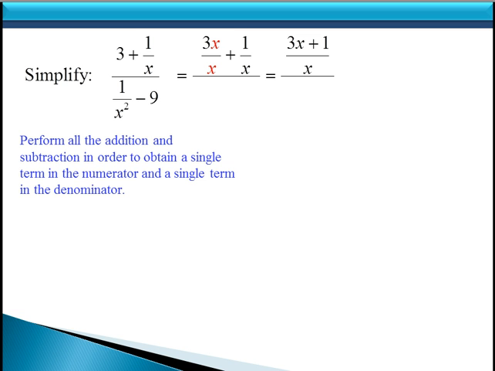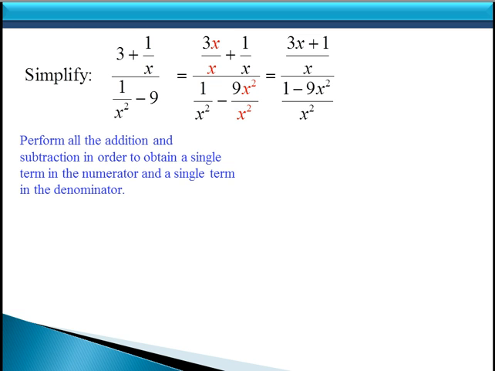Now we're going to do the same thing in the denominator. In order to perform that subtraction, we're going to have to rewrite 9 so it has a common denominator of x squared. So to do that, since it's a whole number, we just multiply both the top and the bottom by x squared. And now they have the same denominator, so we can perform the subtraction.